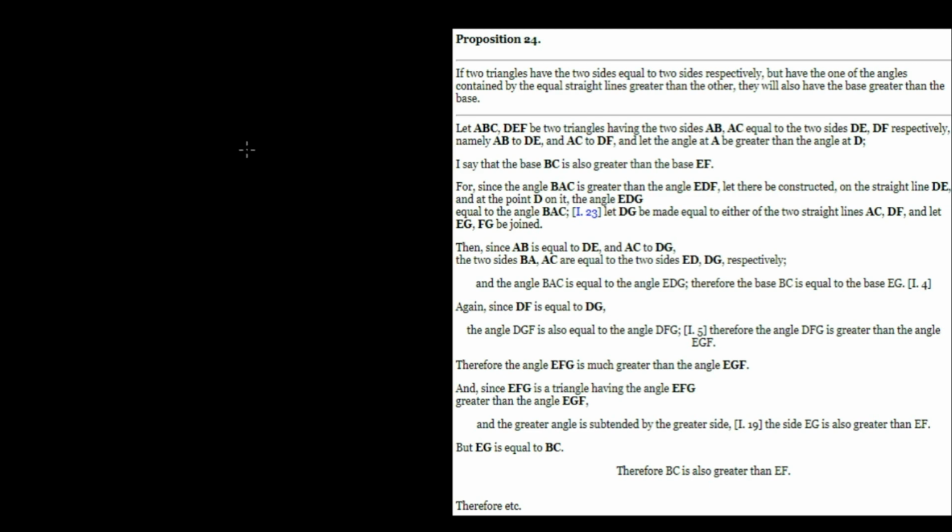Let ABC and DEF be two triangles having the two sides AB and AC equal to the two sides DE and DF respectively. So let's draw those out. So here we have, let's say this one is ABC. And let's say we've got the other one.